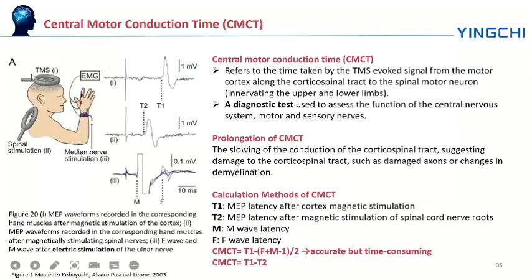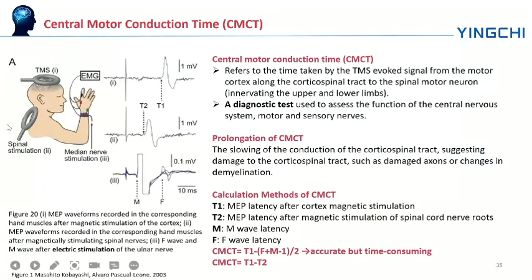So first, the MEP waveforms are recorded in the corresponding hand muscles after magnetic stimulation of the cortex. And here we get T1, which stands for the MEP latency after cortex magnetic stimulation.